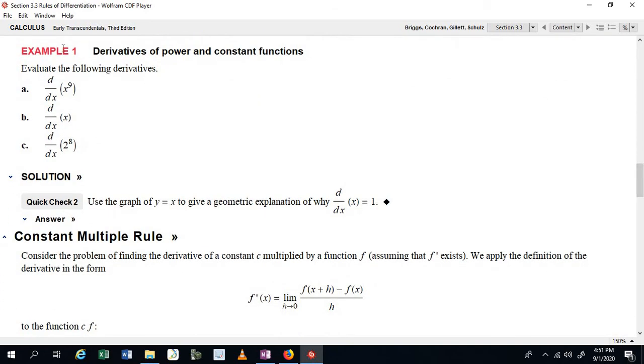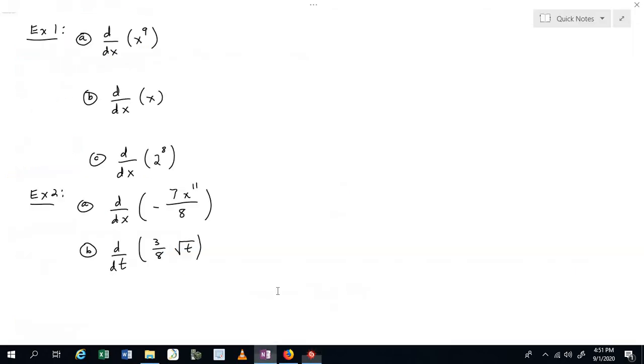So I want to practice both of those rules by looking at these three derivatives from example 1. Okay, so the first one, we want to find the derivative of x raised to the 9th power. And we're going to use our power rule to do that, which says that the derivative of x to the n is n times x raised to the n minus 1.